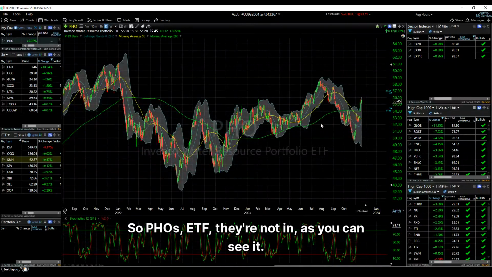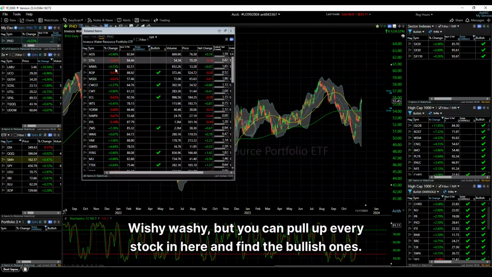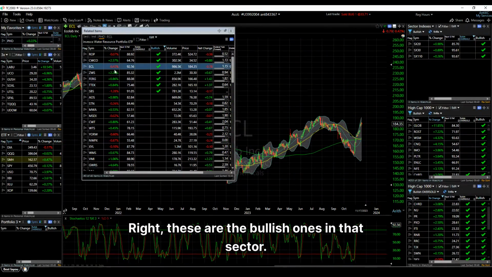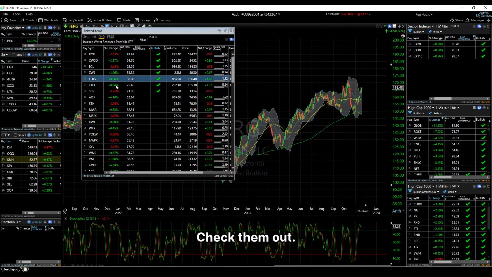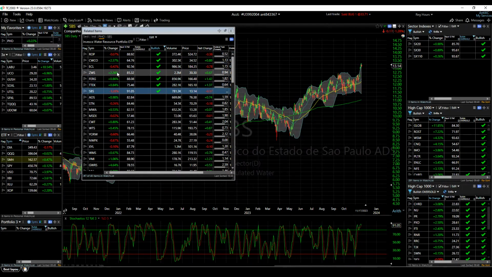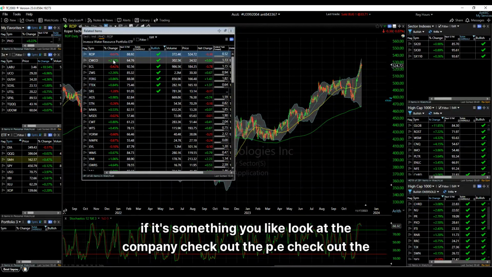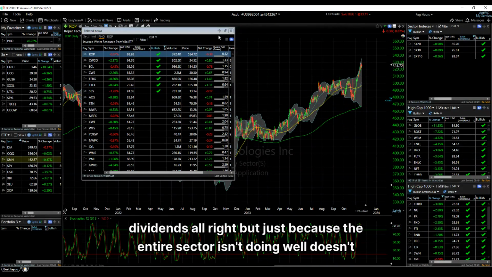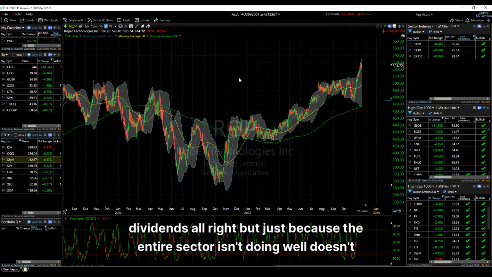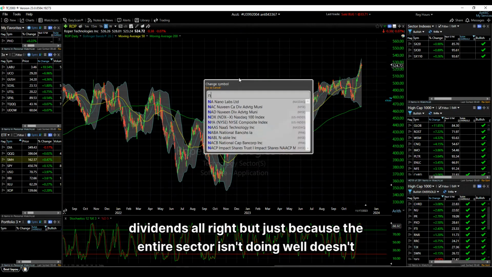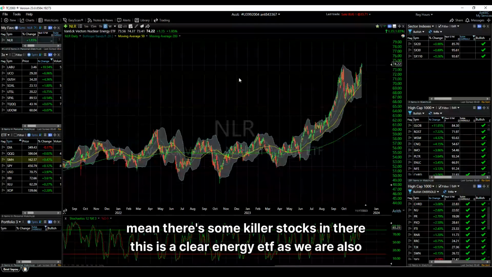As you can see, it's wishy-washy, but you can pull up every stock in here and find the bullish one. Right, these are the bullish ones in that sector. Check them out. See if it's something you like. Look at the company. Check out the PE. Check out the dividend. All right. But just because the entire sector isn't doing well doesn't mean there's no killer stocks in there.